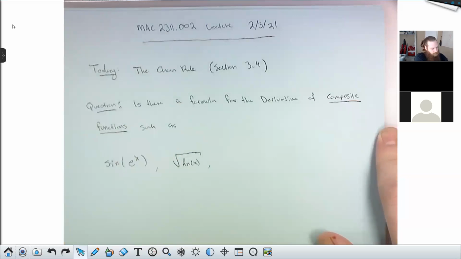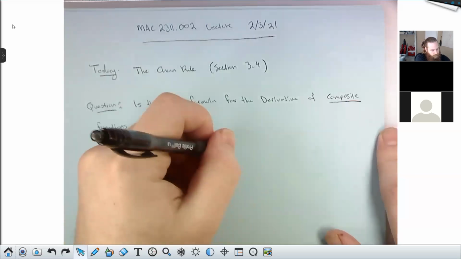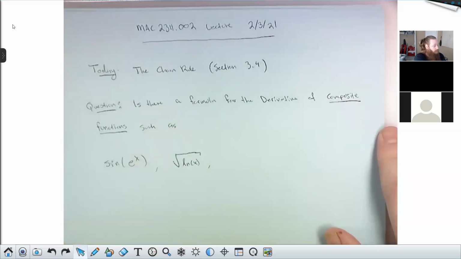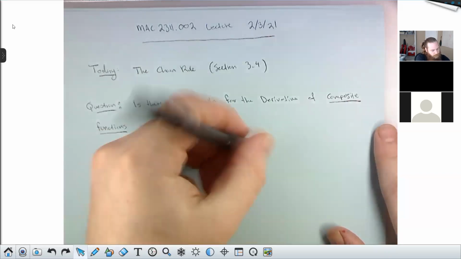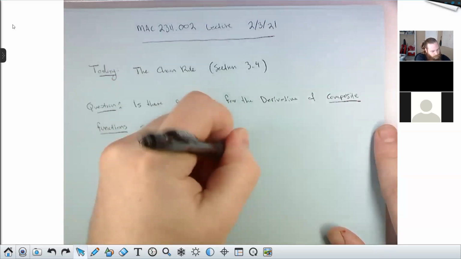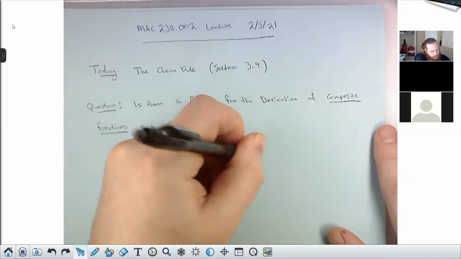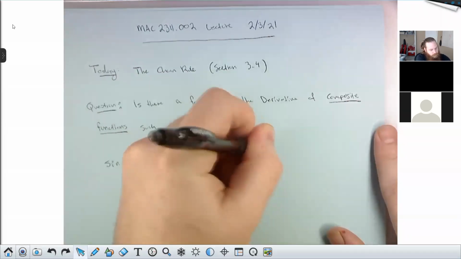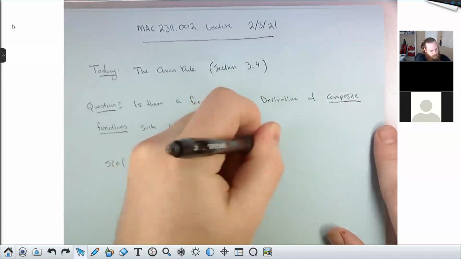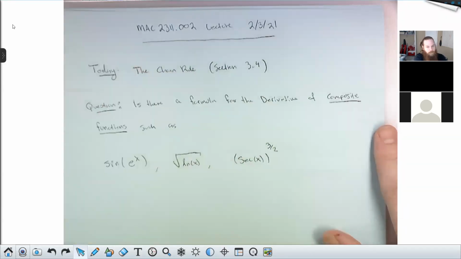Well, we don't know how to do inverse tangent yet, so I should stay away from that. But what other sort of fun composite functions? We could take secant of x and then raise that whole thing to like the 3/2 power, right?